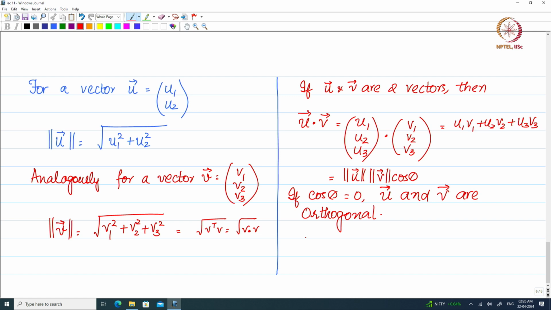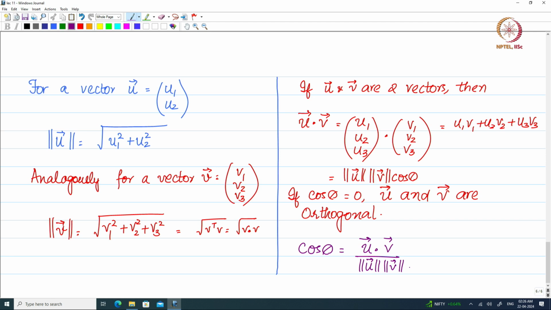Therefore, we got this idea of finding cos theta, or the angle between the 2 vectors, as cos theta is equal to the dot product of the 2 vectors divided by the product of the magnitudes of the 2 vectors. This is what we had, right.